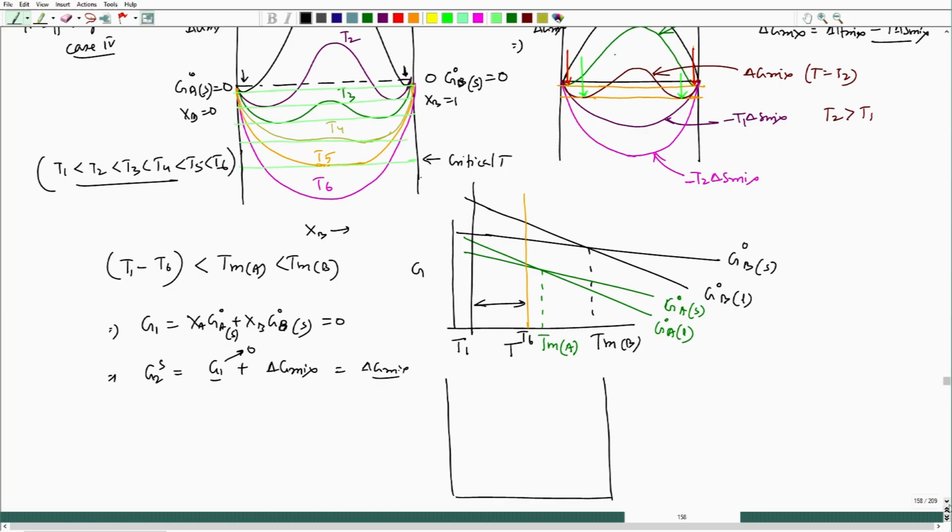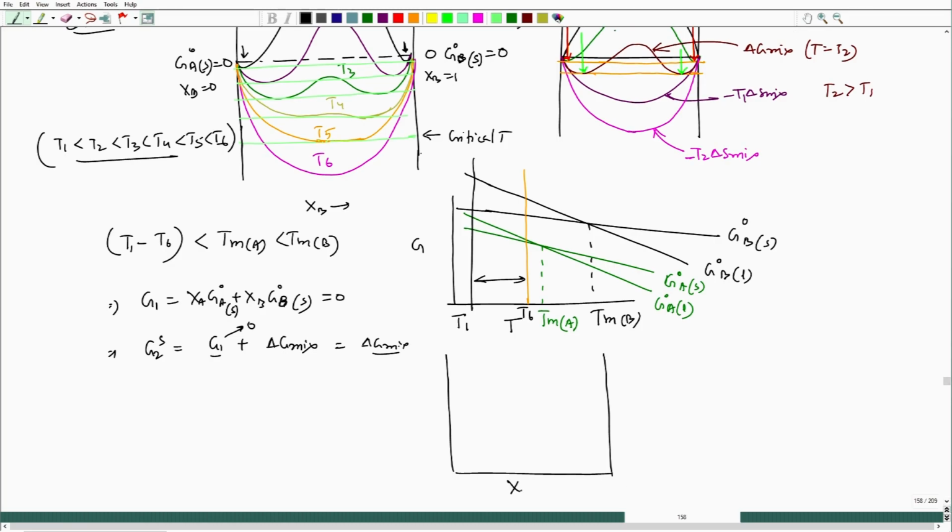Let us say this is X B varying this way, X B equal to 1, X B equal to 0. I have taken let us say this is TMA and this part is TMB, and TMB is more than TMA, and I am taking temperature, first temperature let us say is T6, which is the highest temperature below TMA.